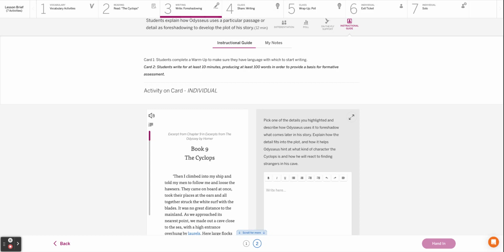So, to sum all that up, you are picking one yellow detail that you highlighted about Odysseus and the details he noticed to then explain in detail what kind of things those details told Odysseus about the Cyclops, about how the Cyclops might react to strangers living in his cave.